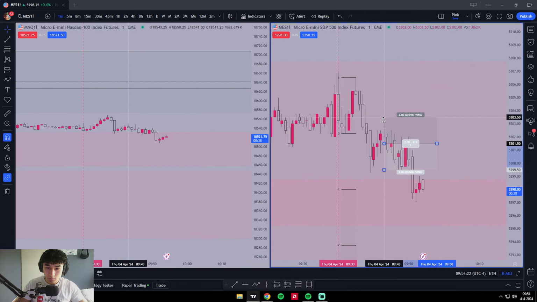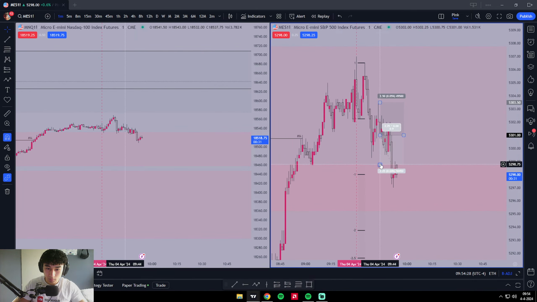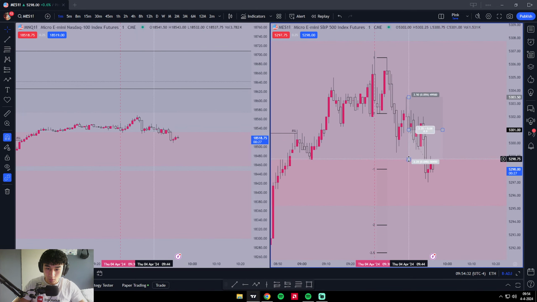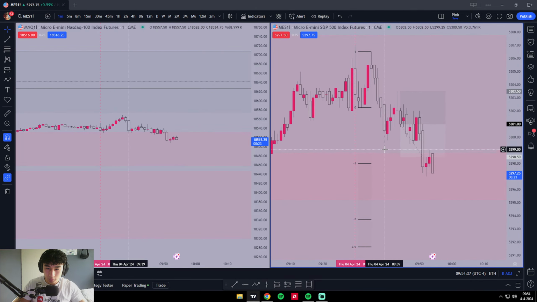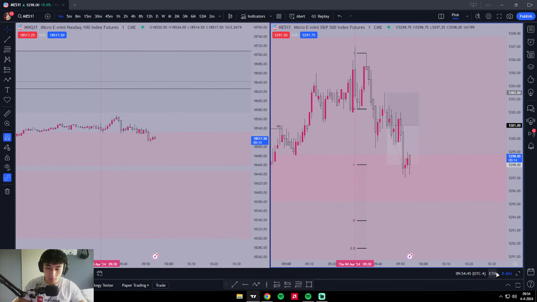So I entered here, my stop was above there. Starting at that low, not even a 1-to-1 there. Or was it not even a 1-to-1 here? This was a 1-to-1 here, and then I run to this here. So it's basically like a 1-to-1.